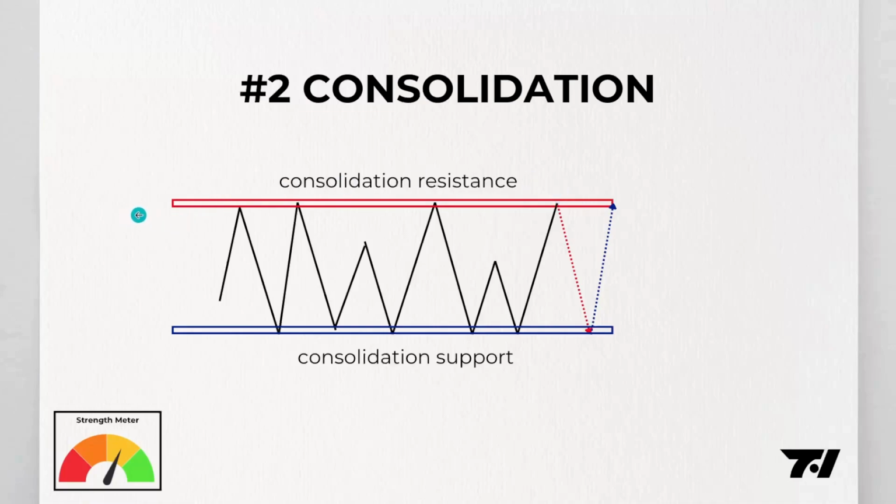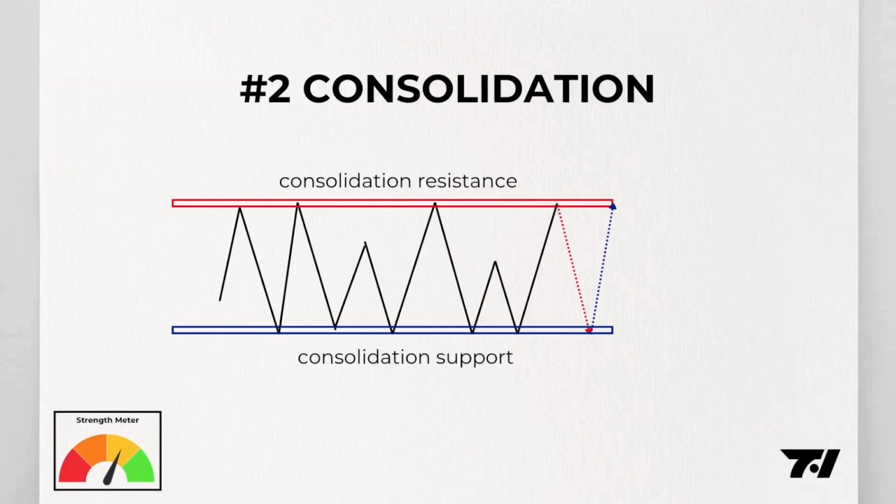Now this is quite strong, although it's not as strong as structural support and resistance. It is fairly strong because it has been tested over and over again over a shorter period of time, whereas structural support and resistance tend to be much longer. I'll give you an example.